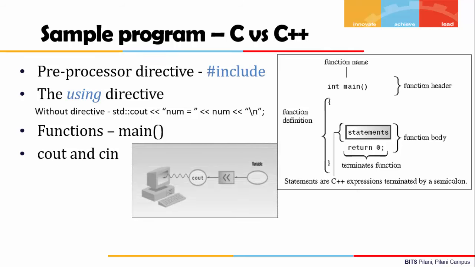So if you see this, it displays the output on the display screen. This operator, the insertion operator, directs the contents of the variable on its right to the object on its left. This shows the result of using cout and the insertion operator.